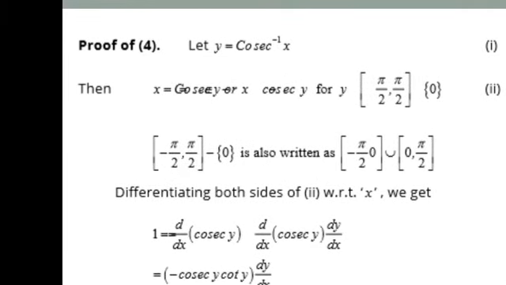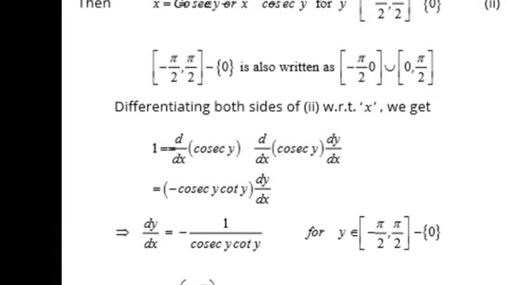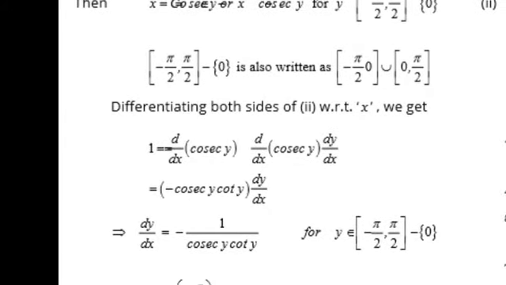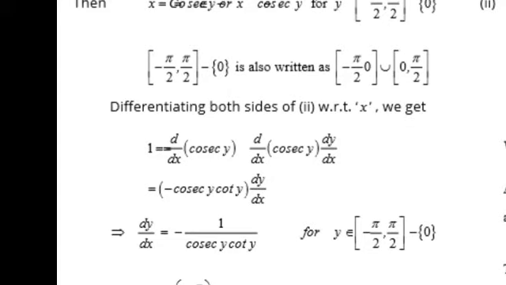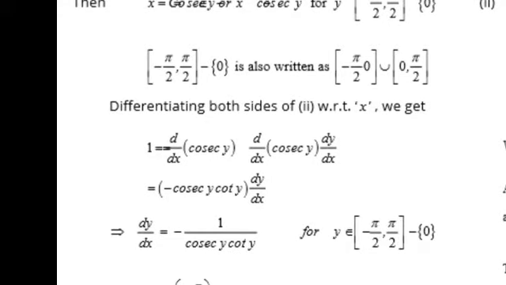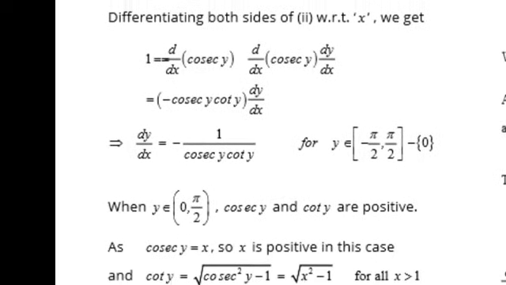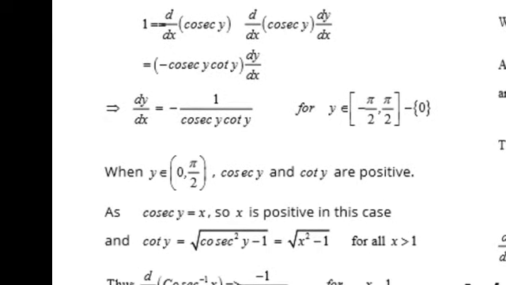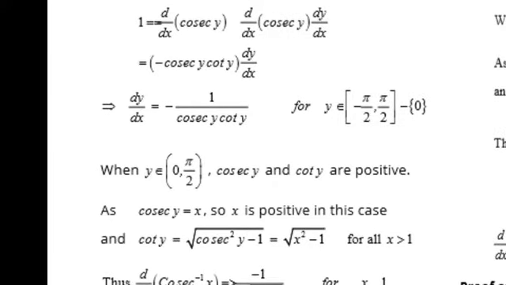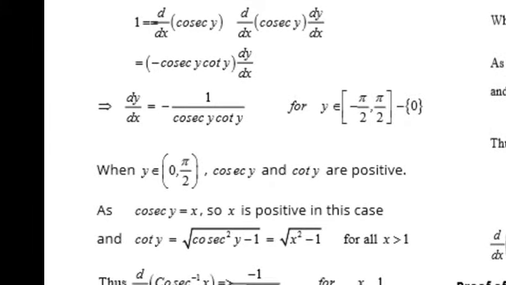Now the inverse derivative of cosecant inverse, so it becomes cosecant y is equal to x. The derivative of cosecant is minus cosecant cot y, and the derivative of the angle is dy by dx. So dy by dx is equal to 1 over cosecant y cot y, and we can write cot y equal to the square root of cosecant square minus 1.